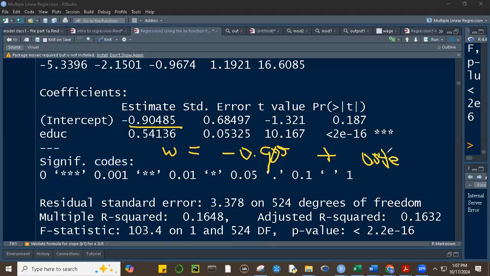I'll just make it E. Now this one is your W hat. This is your predicted model. So I'll call it W hat sub i, depending on the observation. This is W sub i. So this is the model value. This is the predicted value because we're using the coefficients suggested by your model. 0.54 times E, negative 0.905.